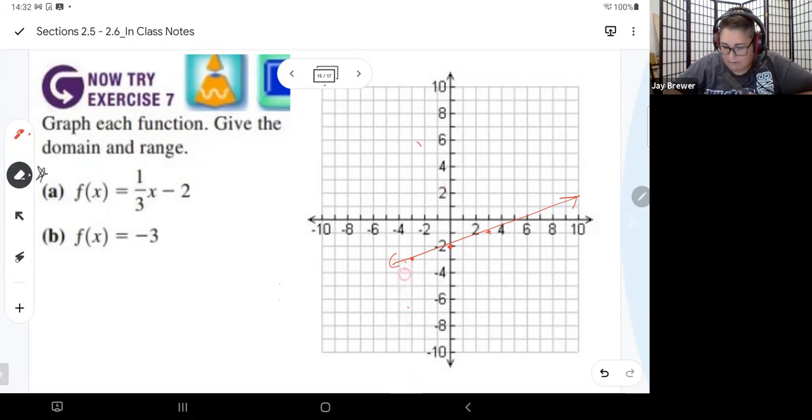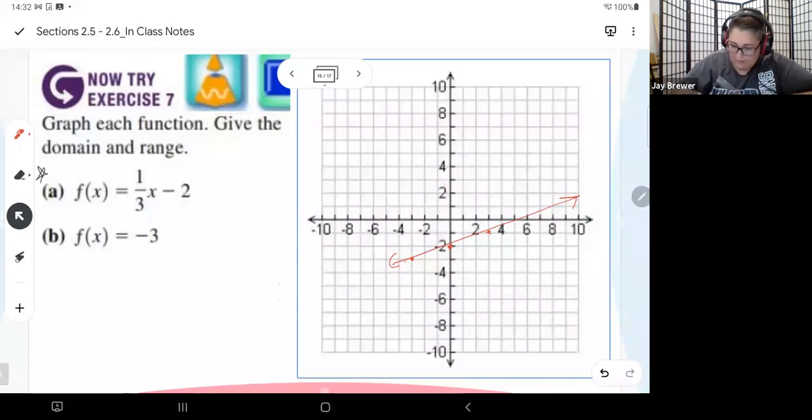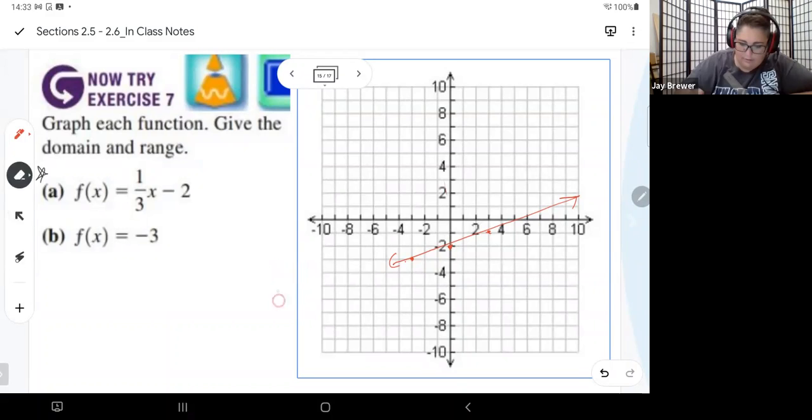Some weird things happened while we did it, but it looks like a decent line. I guess it moved a little bit on me. I wonder if I can move it a little. No, I can't. All right, it's fine. We're going to work with it.